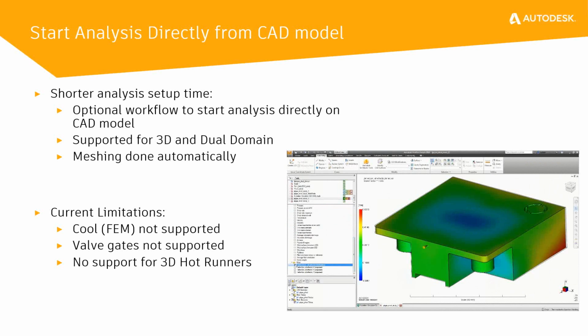So if you're an expert user, it helps you improve your throughput. Let's say you have to run an analysis quickly overnight. You don't have the time to wait for your meshing to be finished before you can start your analysis. So you can now start running the analysis straight from the CAD model.